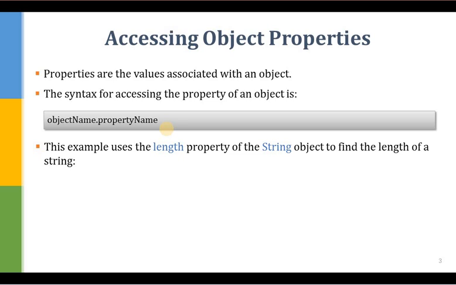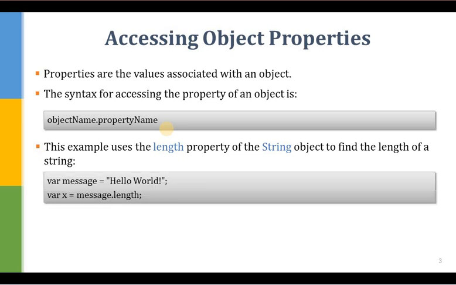Now let's say length is a property of the string object. How can I do that? var message = "Hello World!". Now this message is an object, as we saw in the previous slide that string is an object, and message is holding a string value.